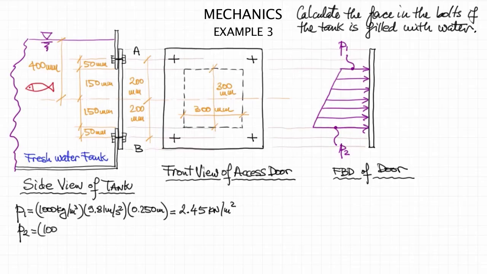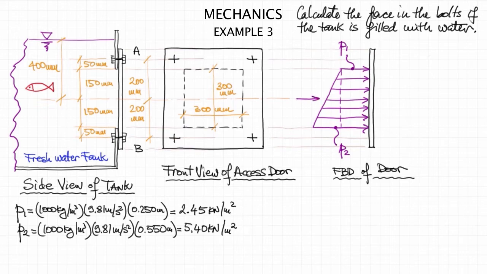P2 is the pressure intensity at the bottom of the opening. It's calculated in a similar manner, but now the depth is from the top of the fluid to the bottom edge of the opening. So P2 equals 5.4 kilonewtons per meter square.